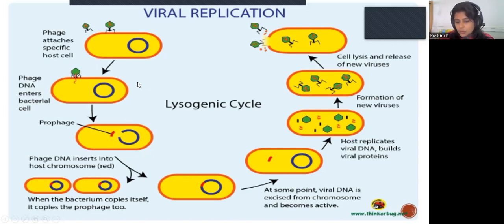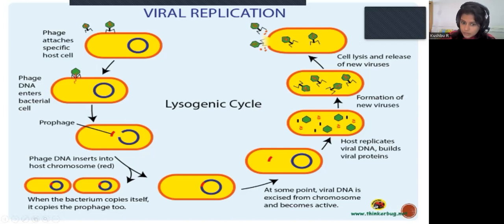Here, there is a switching or removal of the phage DNA from the genetic material of the host, and thus it switches to the lytic pathway, where there is synthesis of new proteins and subunits of the virus. There is assembly, maturation and lysis. So the lysogenic pathway contains integration of your prophage into the host chromosome, and as that host chromosome divides along with its genome, even the prophage also divides.